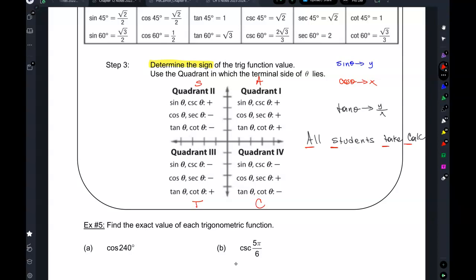Sine, cosine, tangent, everything's positive. In this quadrant, sine is positive. Cosine and tangent are negative. Here, tangent is positive. Cosine and sine are negative. Here, cosine is positive. Sine and tangent are negative.